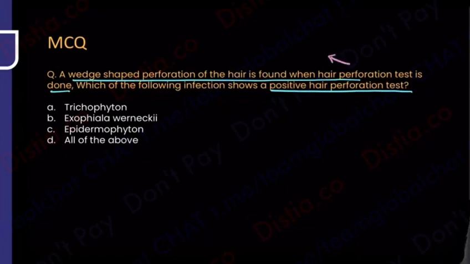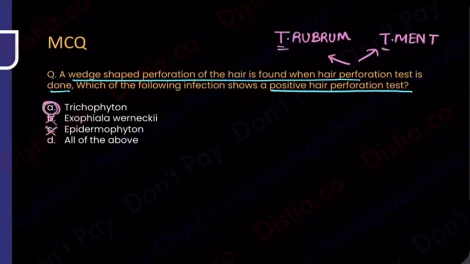If you remember, the hair perforation test was to differentiate Trichophyton rubrum from Trichophyton mentagrophytes. So basically, what you were using it for is going to be Trichophyton species. I don't see any Trichophyton species except the first one. Trichophyton is there, and which of them was showing you a positive hair perforation test? You remember the mnemonic?